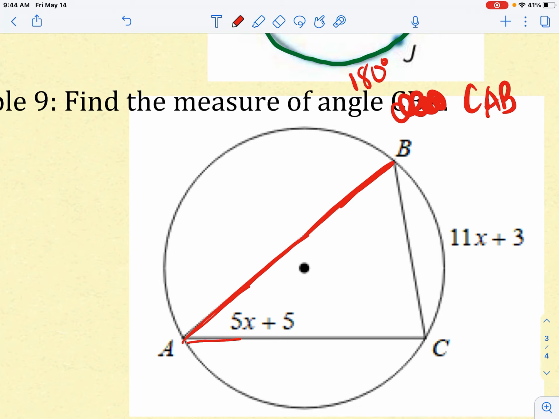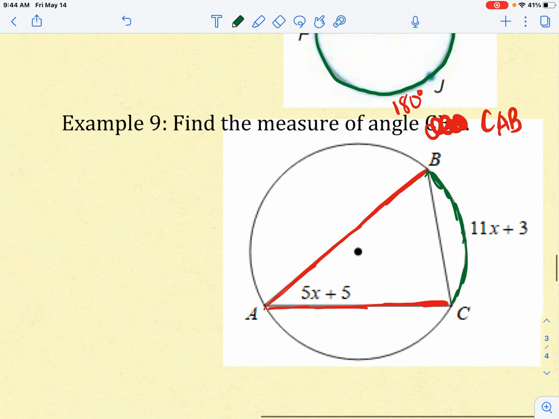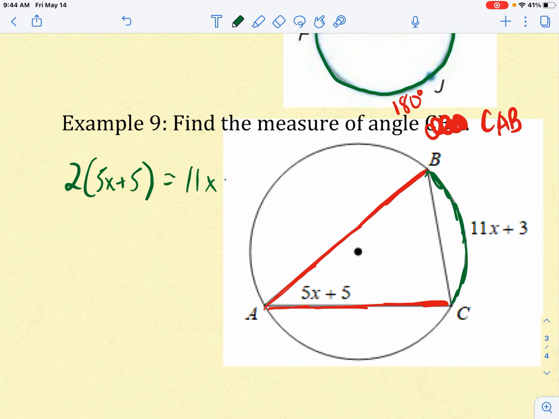Now, in this case, we would just use the theorem that we started with, the inscribed angle theorem. So notice angle A is intercepted by arc BC. So 2 times 5x plus 5 is equal to 11x plus 3. So we have 10x plus 10 equals 11x plus 3.